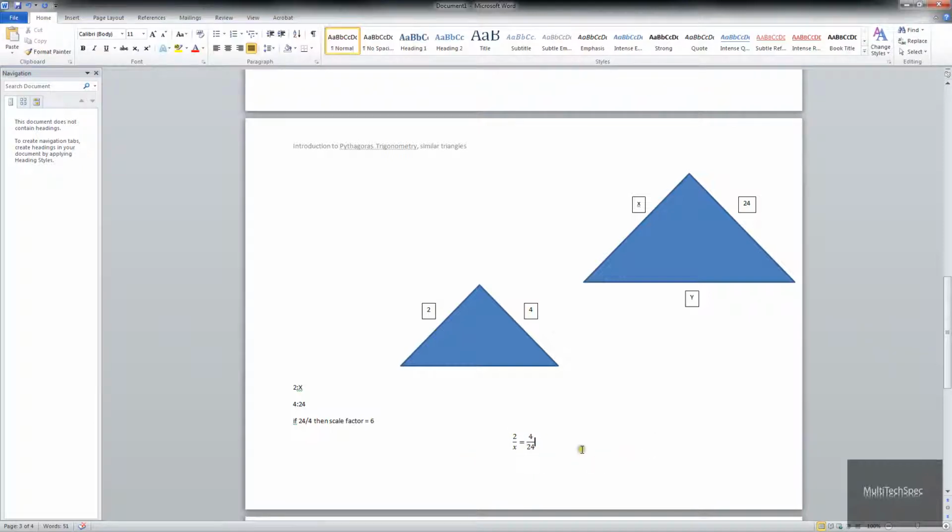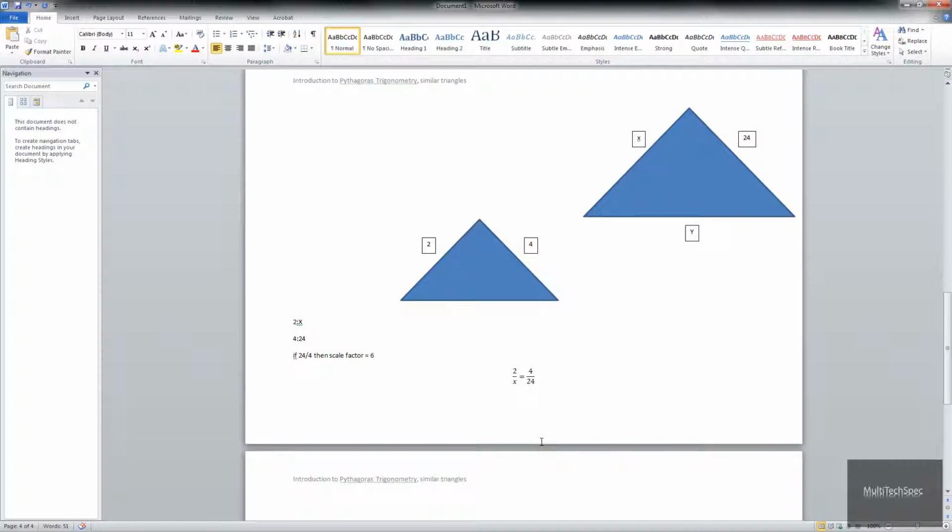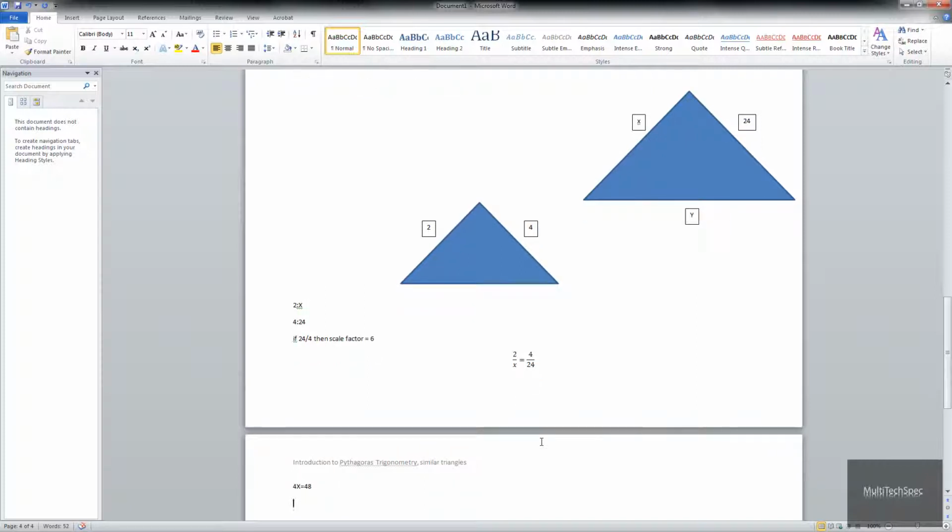And if you rearrange this, we end up with 4x is equal to 48. Therefore, x must be equal to 12.